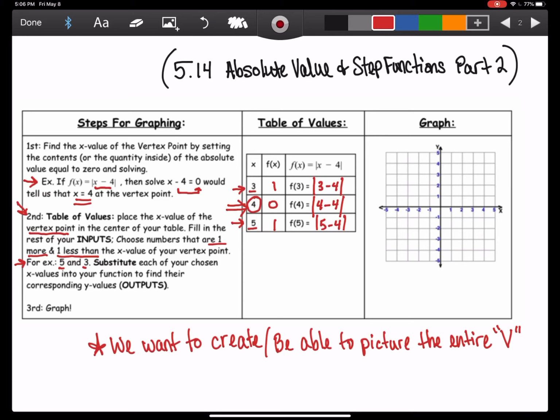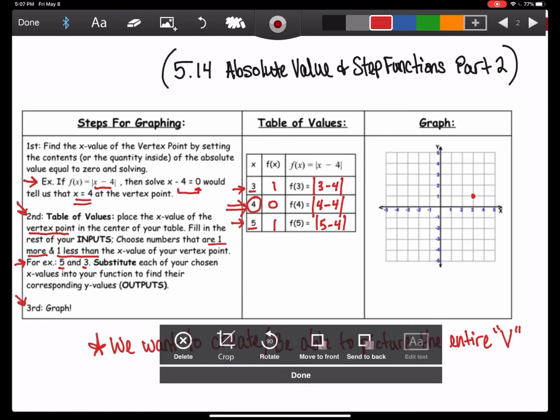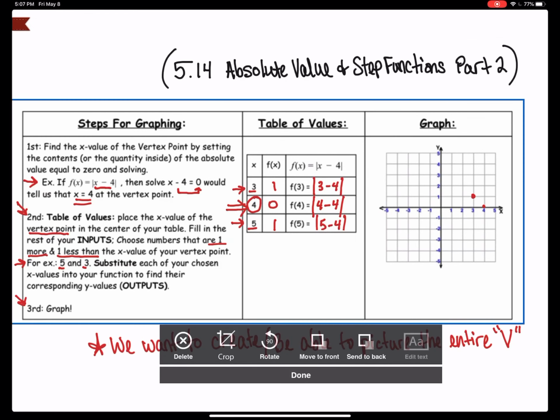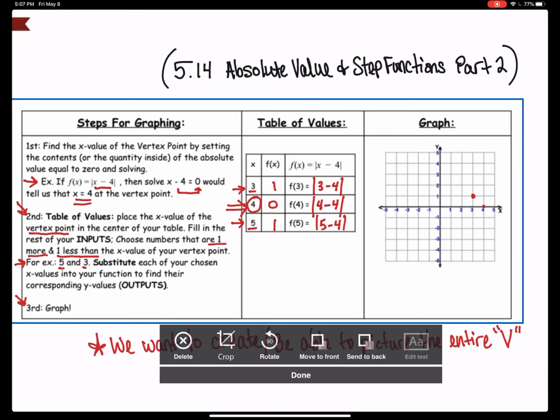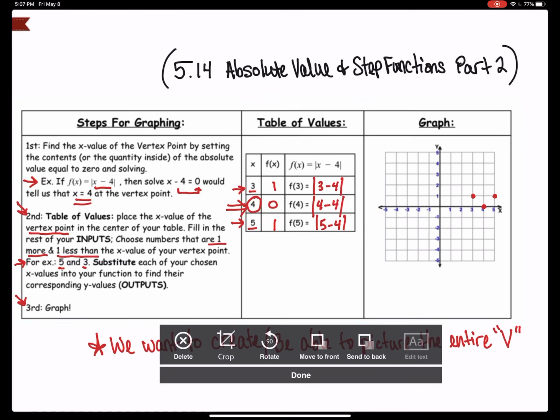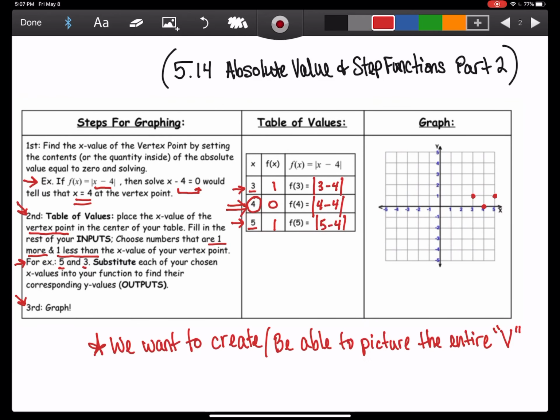All right, let's get these graphed. Now we're on step 3, and we just have to graph them. So 3, 1, way over here, 3, 1. And then we have 4, 0. And then we have 5, 1. It's not a big V, but it's definitely showing a V of some sort.